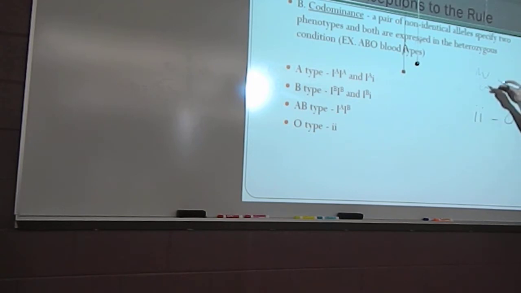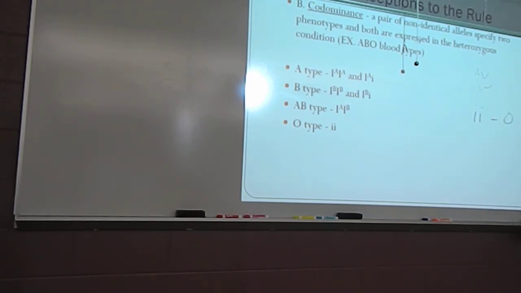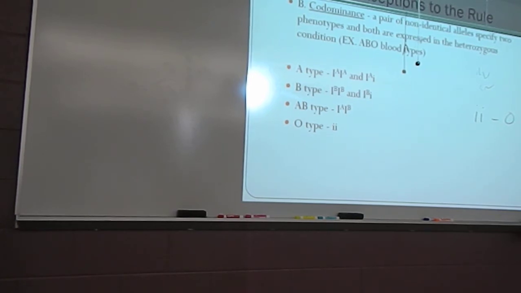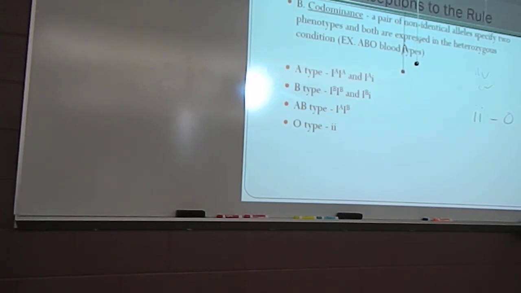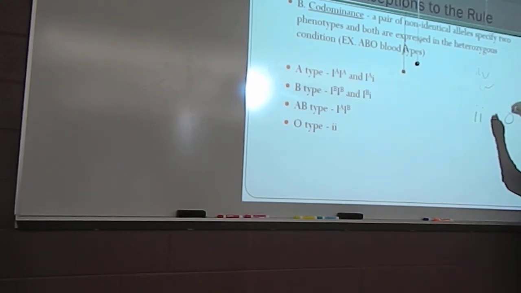So one gene is you're either O or not, just like eye color. We were talking about eye color, whether you had blue eyes or you have something else, because there's more than one gene that we're talking about. So you're either O or something else, all right? The something else is dominant.